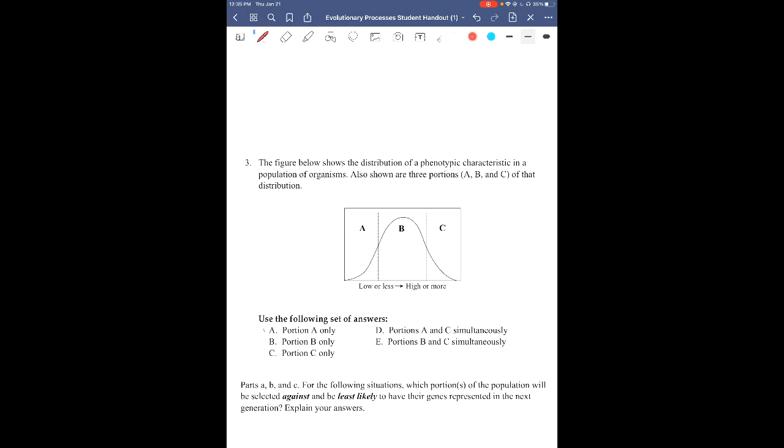Okay, so the best answer for this question would be, yeah, that's a good answer. In the comment it says A/C. Yeah, so the best answer would be D, which says portions A and C would be simultaneously affected because the bright males are favored but are also most preyed upon.